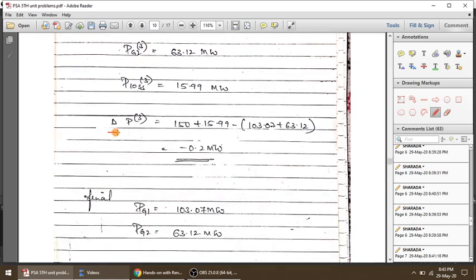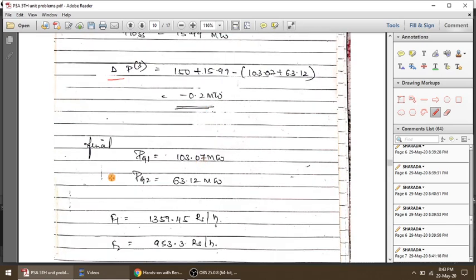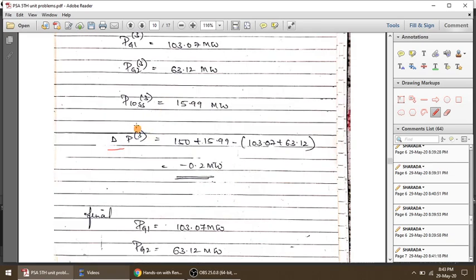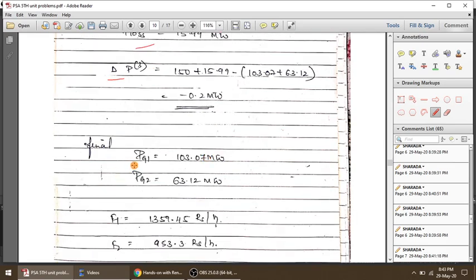The corresponding delta p value is calculated, and we have seen that delta p of 3 is around 0.2 megawatt, which is approximately equal to 0. So we will take the third iteration as the final one. These are the final values of the power output. My economic scheduled power output is PG1 should be 103.07 megawatt and PG2 is 63.12 megawatt. This is the final answer.